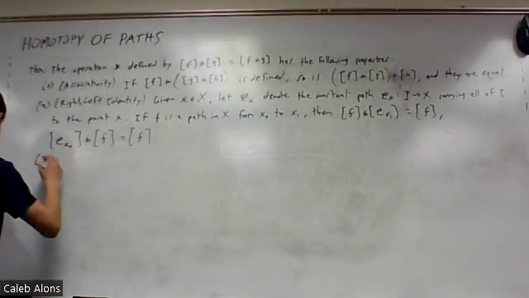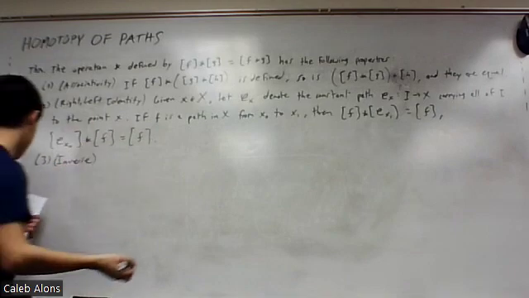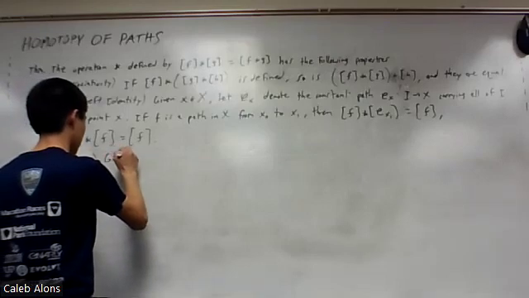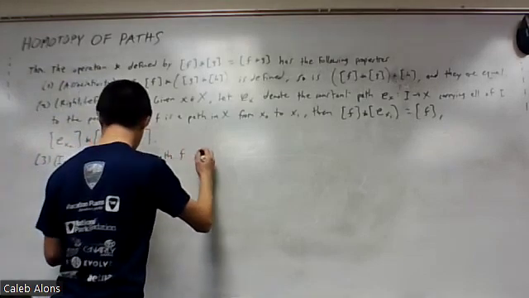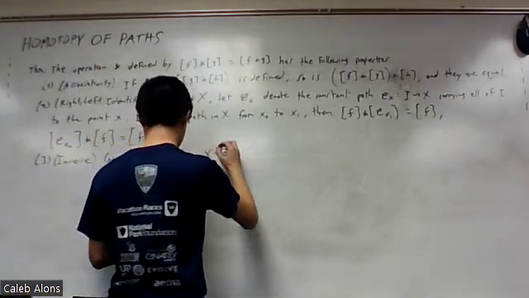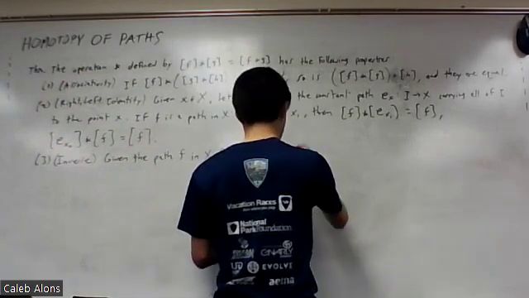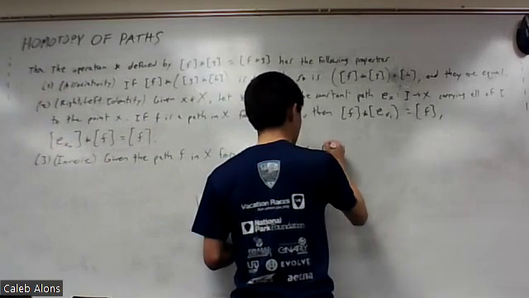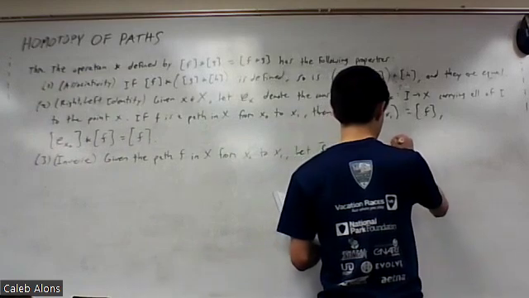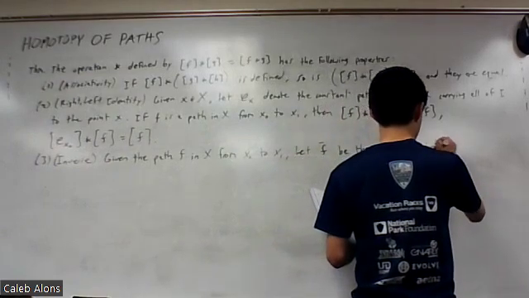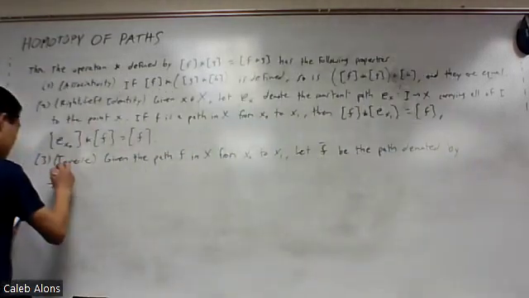And then last, we've got the inverses, which we've already constructed essentially. So given the path F in X from some X naught to X1, we will let F bar be the path denoted by, and then just reverse it.